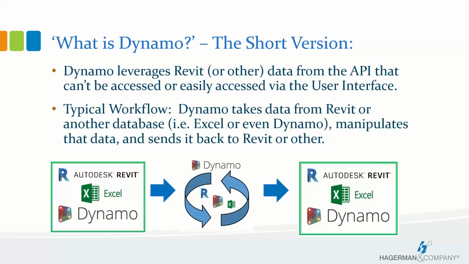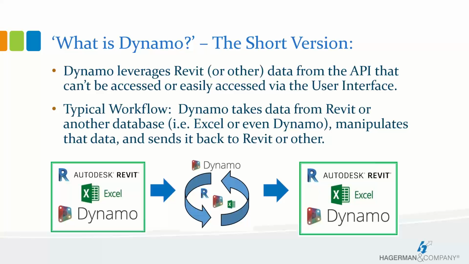So essentially, Dynamo has access to the Revit API, which means it can utilize and extract data to be manipulated in a way that is not available via the Revit user interface.